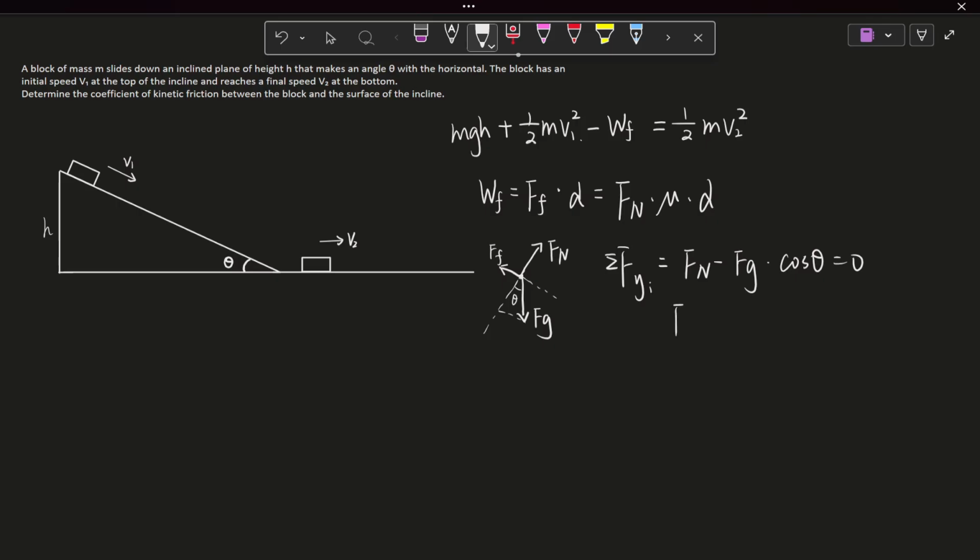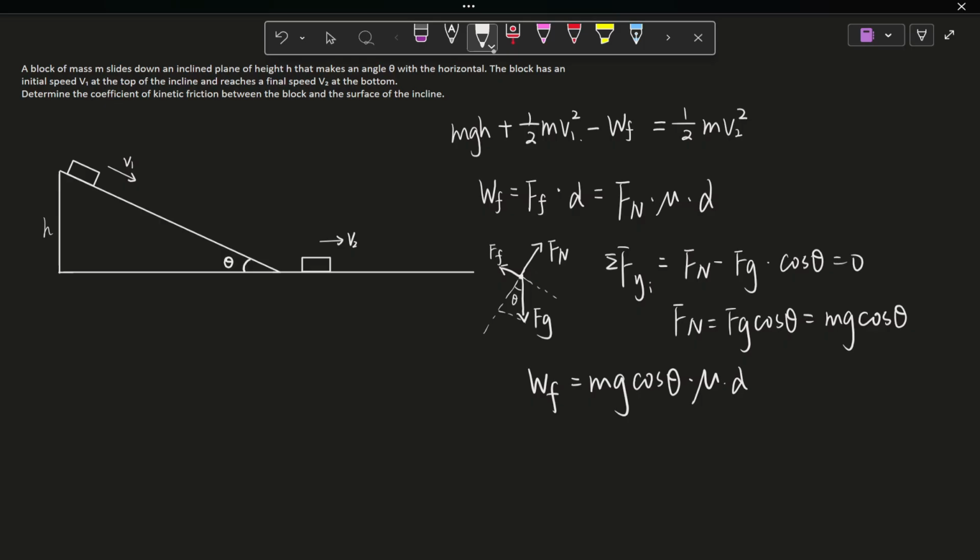So we can get Fn is equal to Fg cosine theta, and it's equal to mg cosine theta. So now let's plug mg cosine theta back into the original function, which gives the work done by the friction equal to mg cosine theta times mu times d.